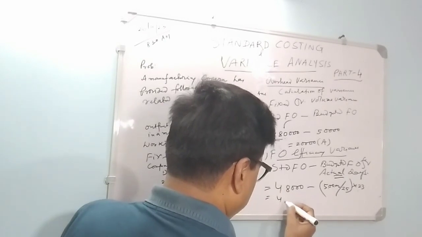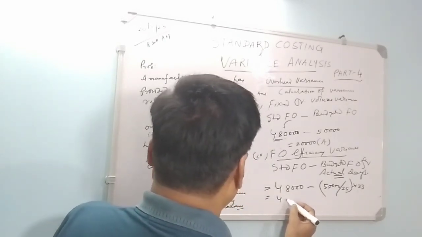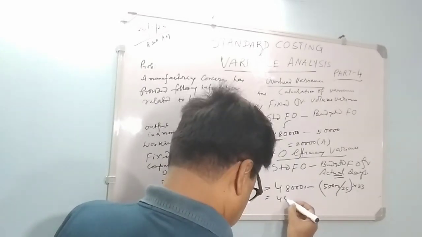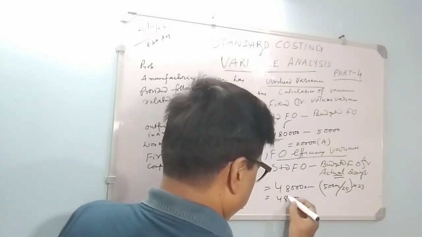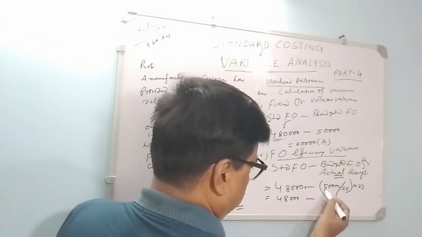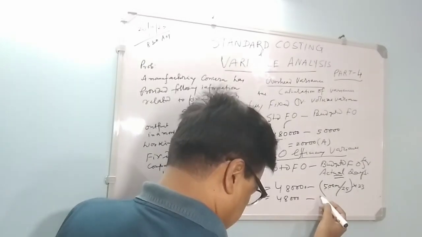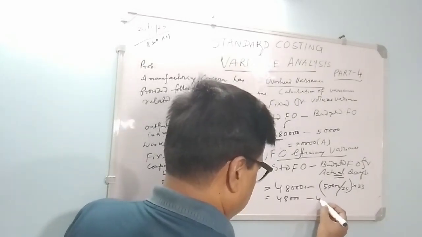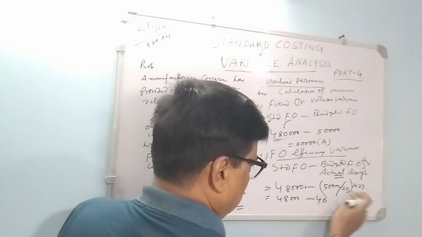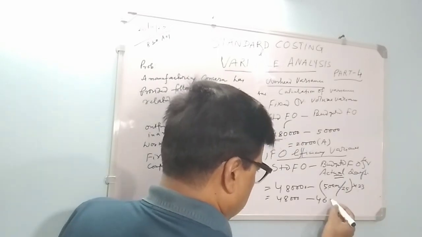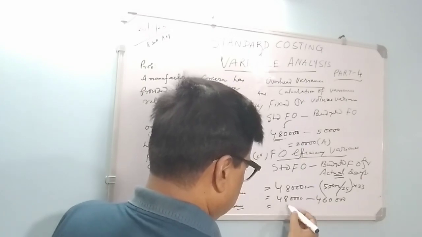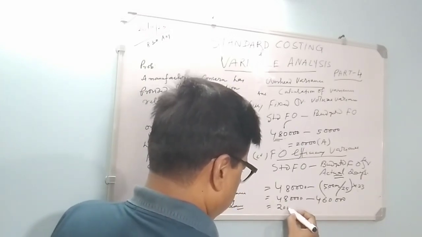So here the total figure will come 4,80,000 minus this figure, 25 into 23, that means 4,60,000 will come. So 4,60,000 it is coming, right? So the difference coming is 20,000.